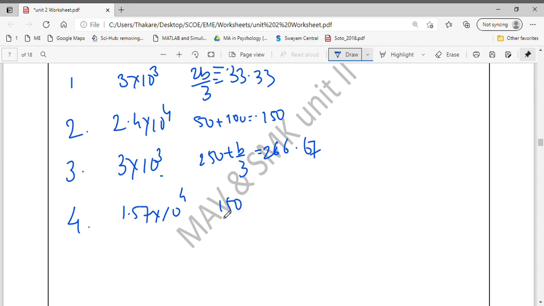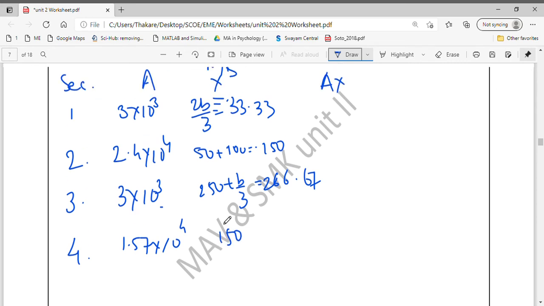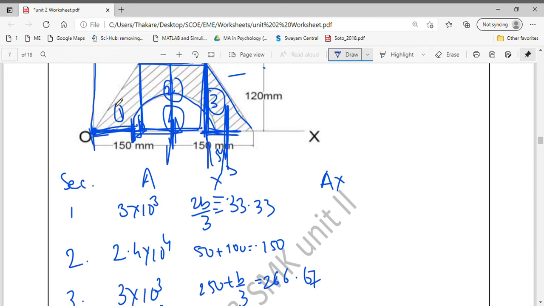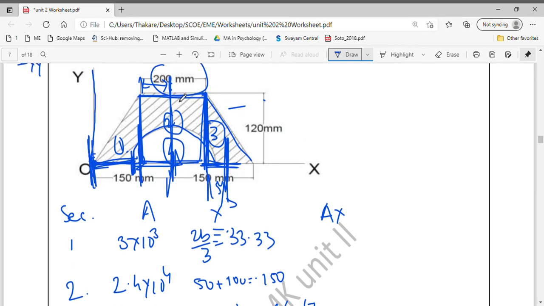I will repeat these vertical centroidal axis of individual figures once. For a right angle triangle, when the vertical axis is at the other end, not collinear with your 90-degree का angle, it is lying at 2b by 3. The rectangle's centroidal axis lies at 200 by 2, but we need its distance from this axis, so it is 100 plus this much is 50, so we took it as 50 plus 100.